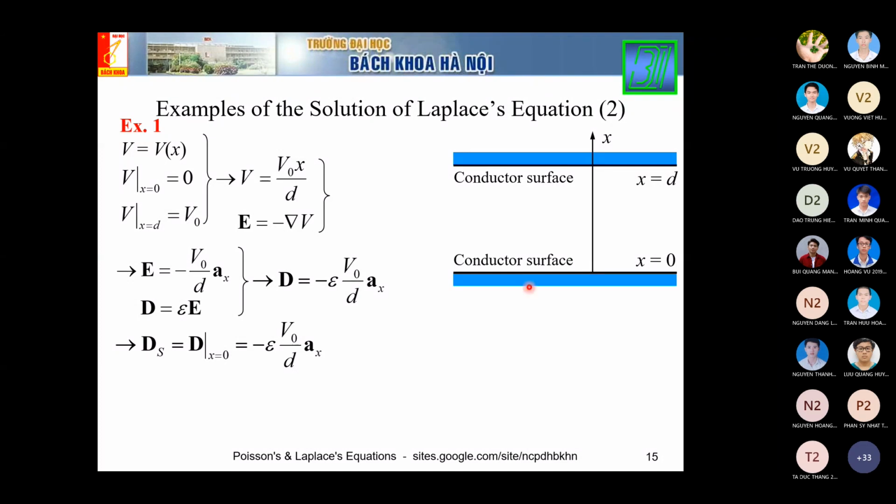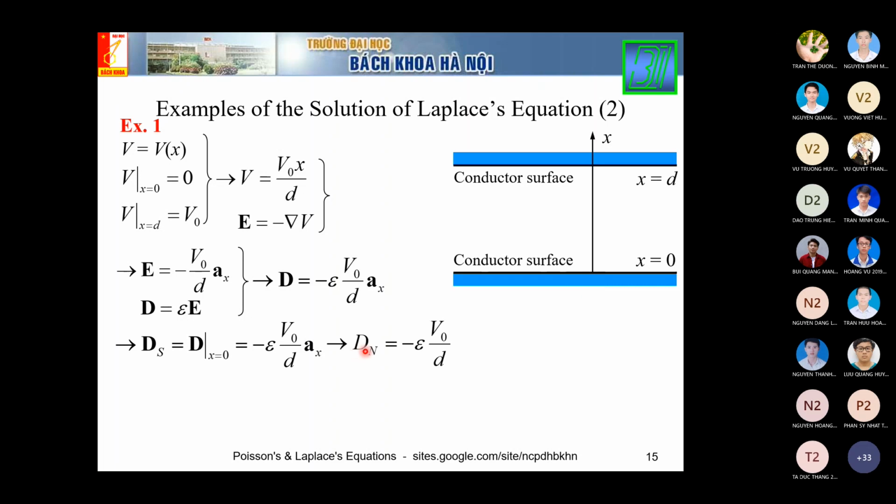And remember the property of a conductor. This plate here is a conductor, and according to the first boundary condition between a conductor and a dielectric, we knew a long time ago that at this position, the density must be perpendicular to the surface of the conductor. Okay, so D here must be perpendicular to the surface, to the plates.